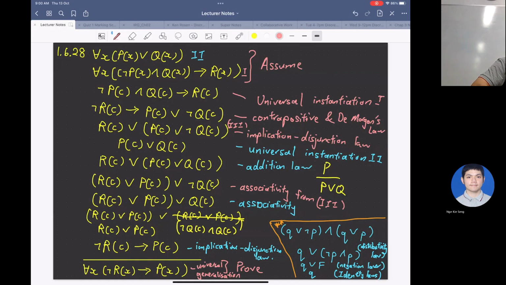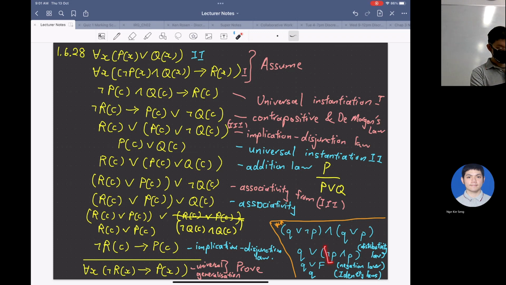Tuesday class asked me about this question here from last week's tutorial, 1.6.2. I think there's a mistake here, where you need to observe that here we have Q or not P and P and Q or Q, so that we can factorize the Q out using the distributivity law.